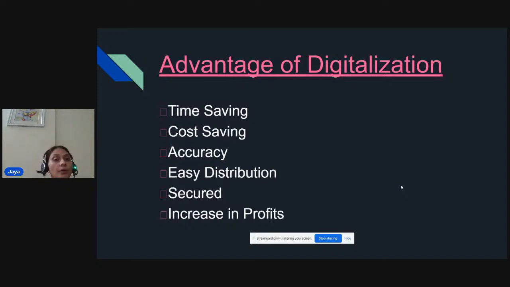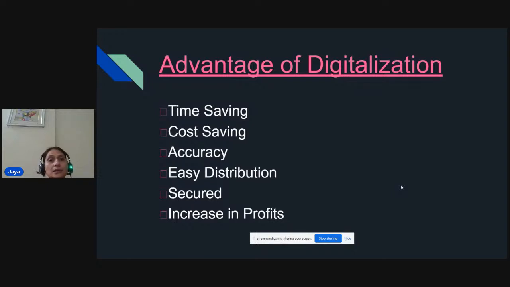And increase in profit, that is when you're retaining the customers, when you're giving a good service to the customers, you have that opportunity to increase the profits, and you will even get repeat purchases from the customers. So that is what, in the session of digitalization, you understand the difference between the two methods.